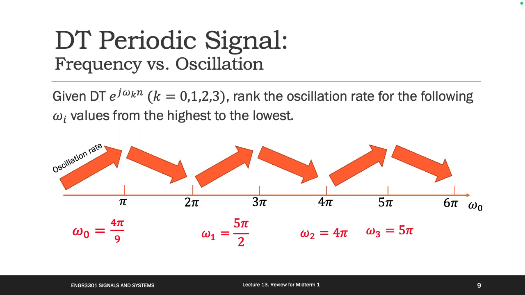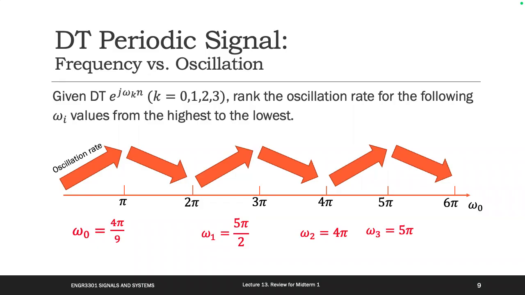Which one has the highest oscillation? Huh? We know the highest should happen when omega equals this one, and the lowest will happen when omega equals that one, am I right?